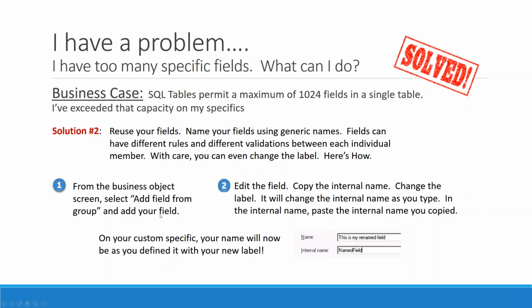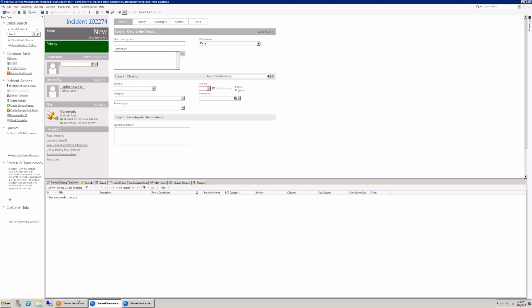It's going to add it with the criteria that was defined on the first iteration of it. And then you can edit the field. You want to copy this internal name here, and then you want to go ahead and change your label, your name, to anything you want. And then you want to go back and paste your original name back into the internal name. Let me show you exactly what I mean.